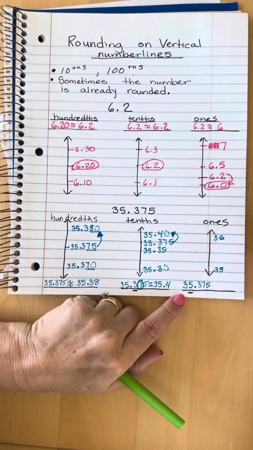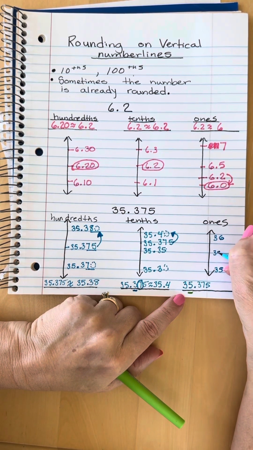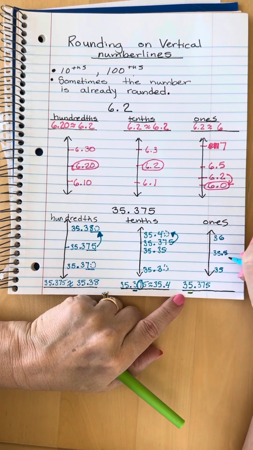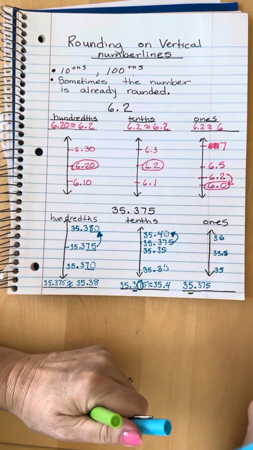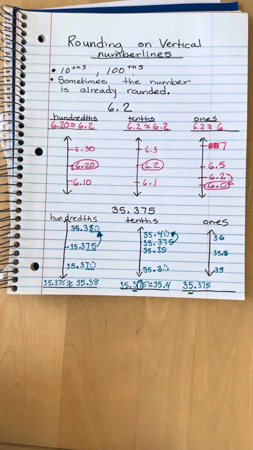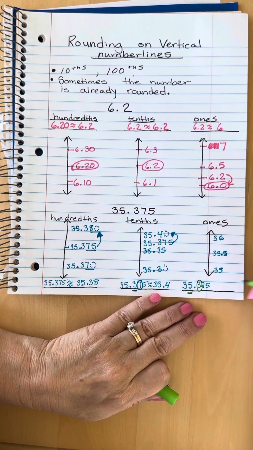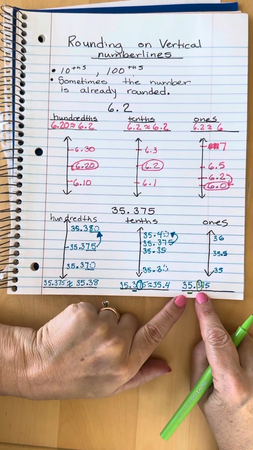So I need to find my midpoint. My midpoint is going to be past 35, but not to 36. So 35 and 5/10 is the midpoint on my number line. So now that I have this labeled, I'm ready to figure out where this number falls. So I look at the 10th place. I look at the place next door.